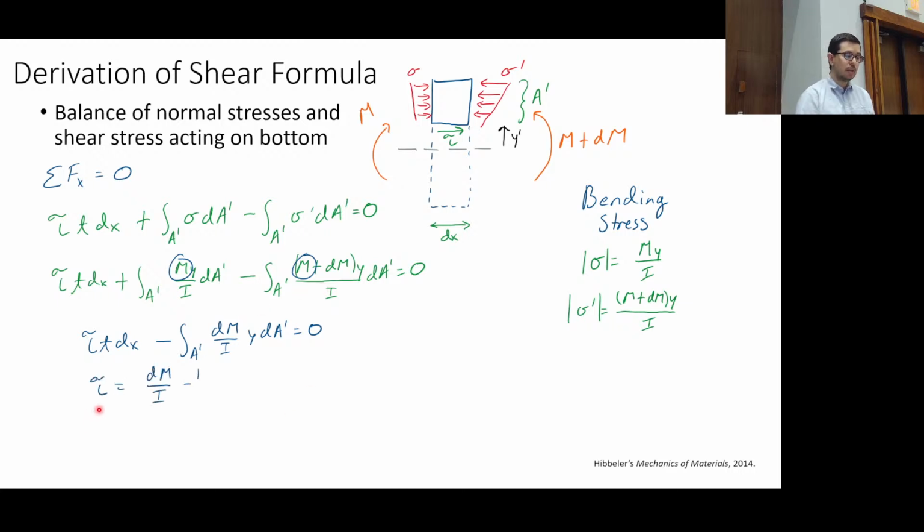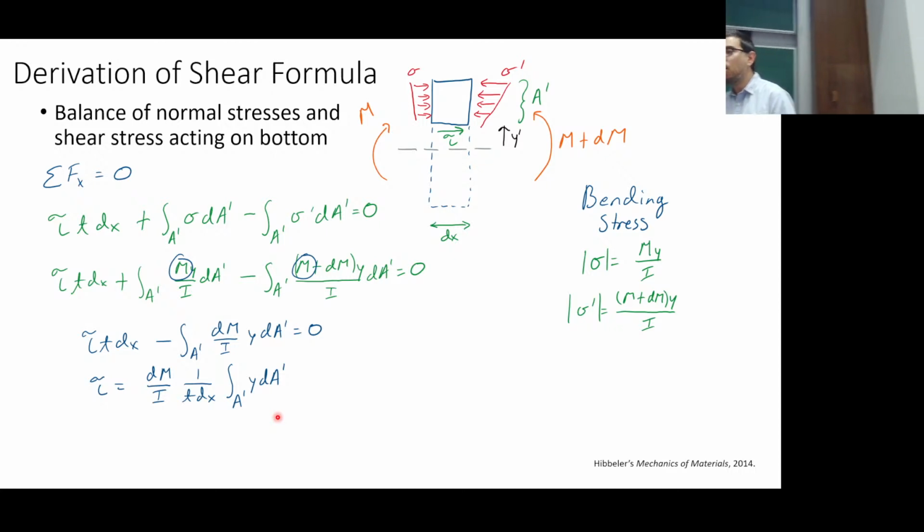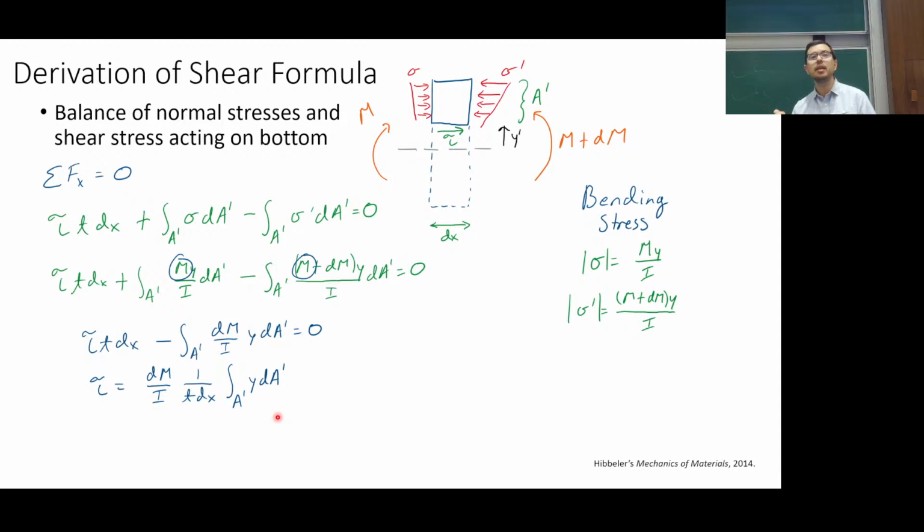So now we can write that the shear stress is equal to dM over I t dx, times the integral of y dA prime. Now, remember we had an important quantity, the integral of y squared dA, right?